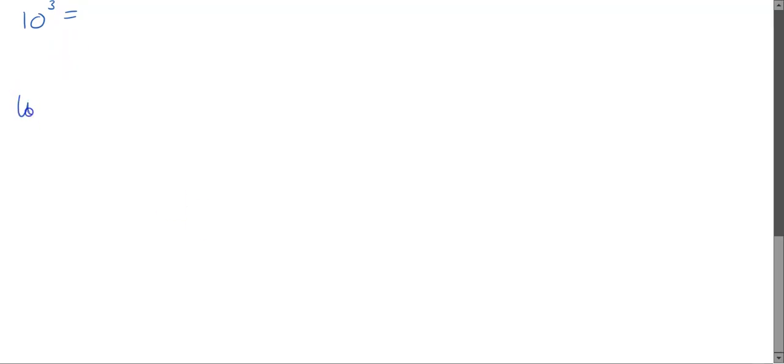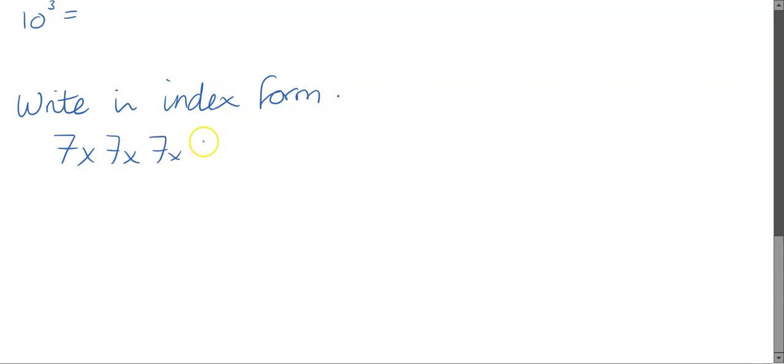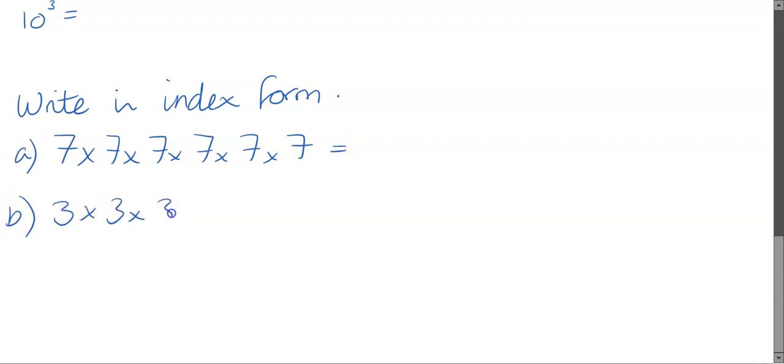Right, what about if we had something like this? And I was asked to put it as an index, write it in index form, they call it.